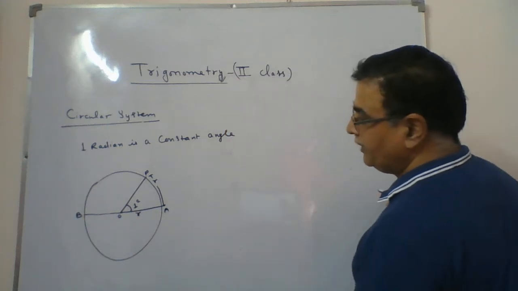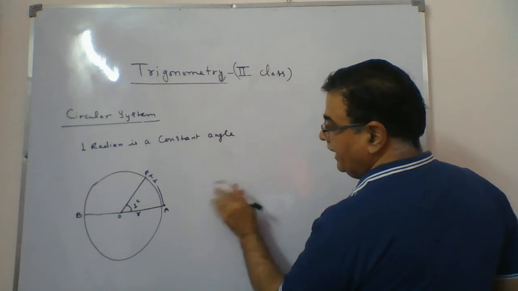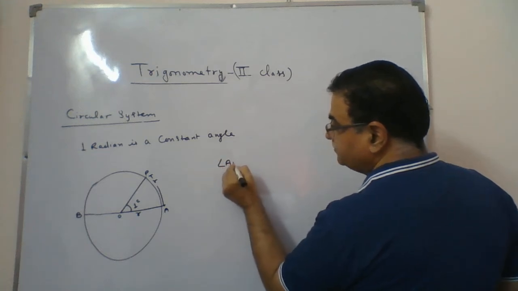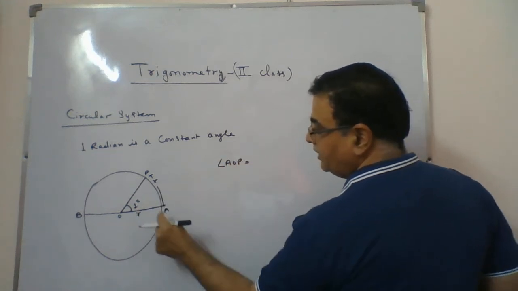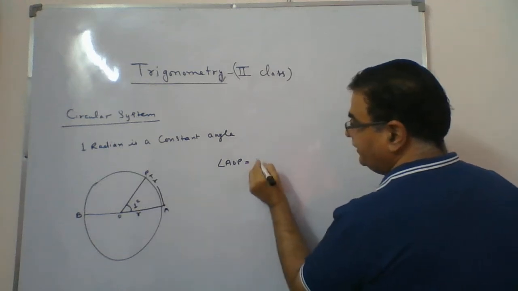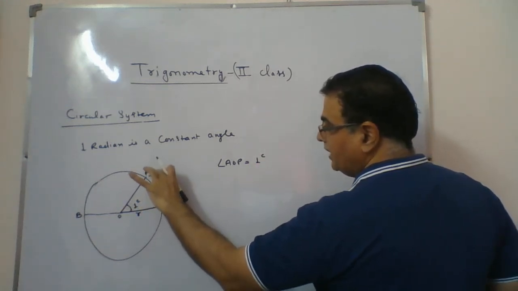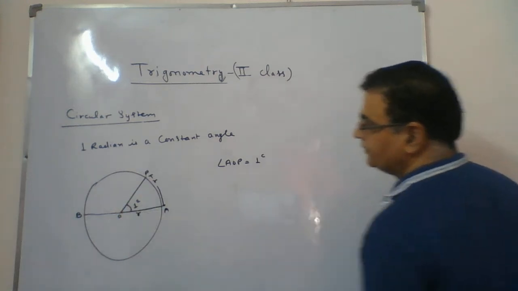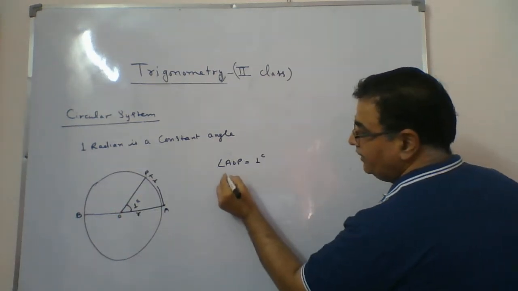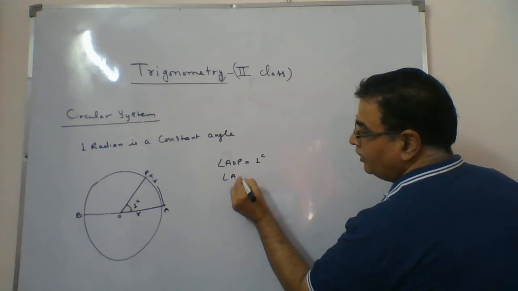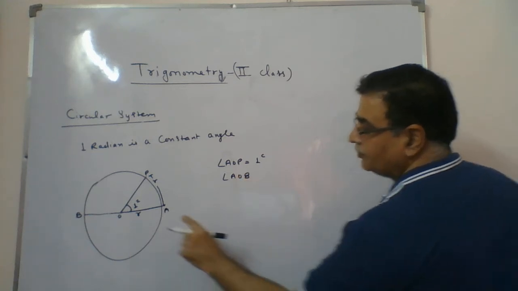Now if I take angle AOP, it is clearly 1 radian because this is the angle subtended by an arc whose length is equal to the radius. The second one is angle AOB, that is this angle.